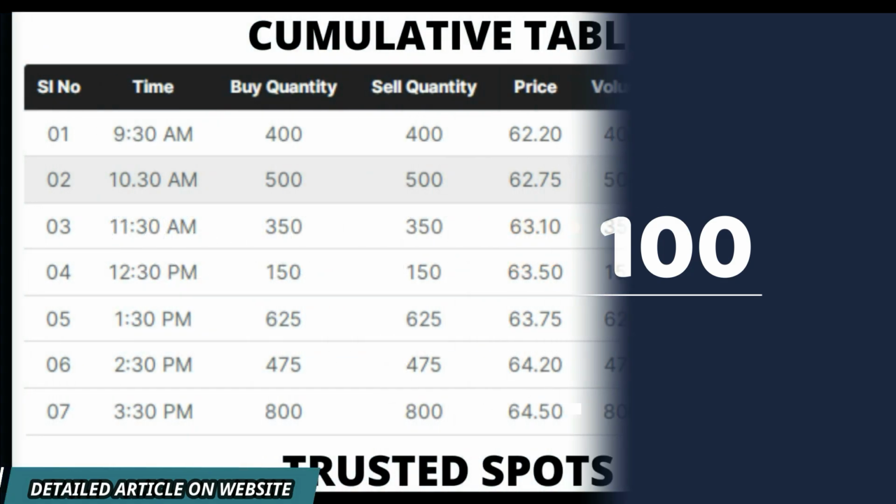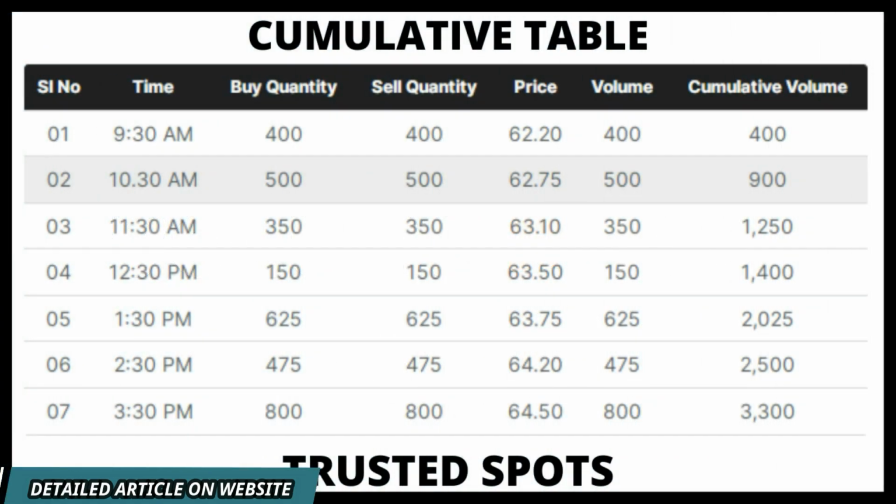Now let's understand how volume adds up on a typical trading day. So the market opened at 9:30 a.m. and there were 400 shares exchanged at the price of 62.20. An hour later, 500 shares were traded at 62.75.